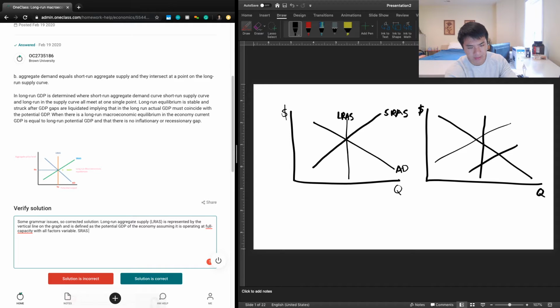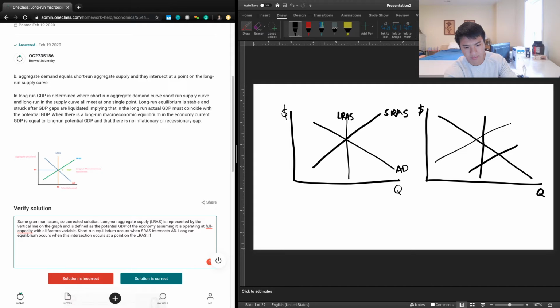And then the short run aggregate supply, and so short run equilibrium occurs when short run aggregate supply intersects aggregate demand. Long run equilibrium occurs when this intersection occurs at a point on the long run aggregate supply curve.